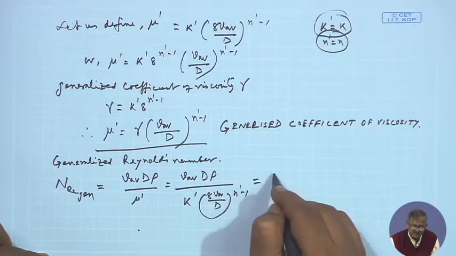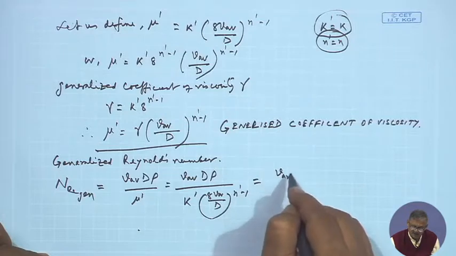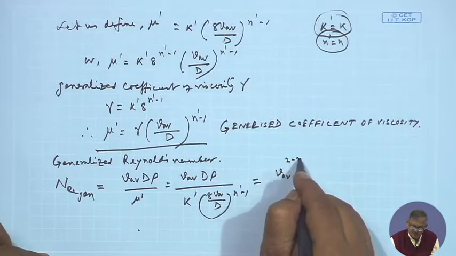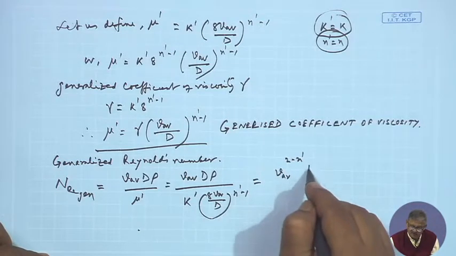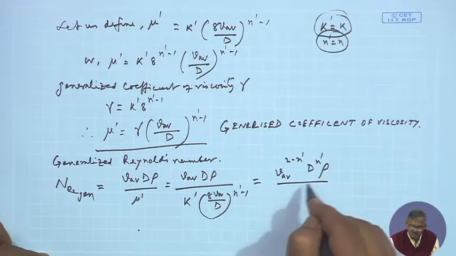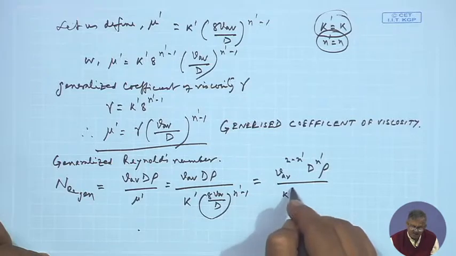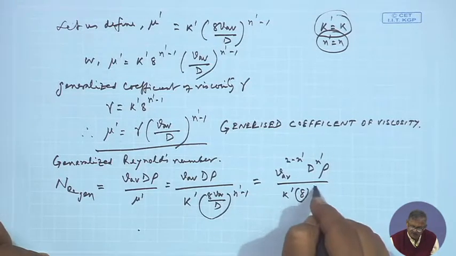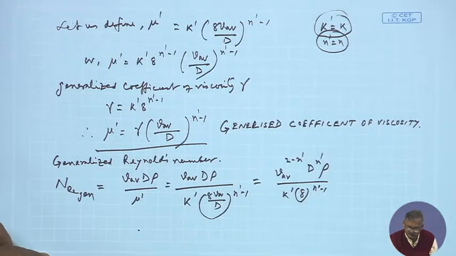So, this we can write V average to the power 2 minus n prime into d to the power n prime into rho over k prime 8 to the power n prime minus 1, right.